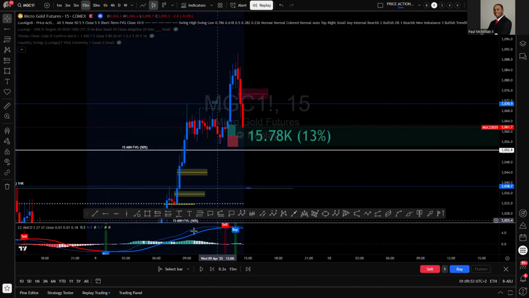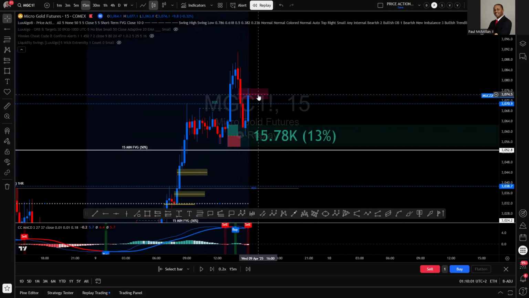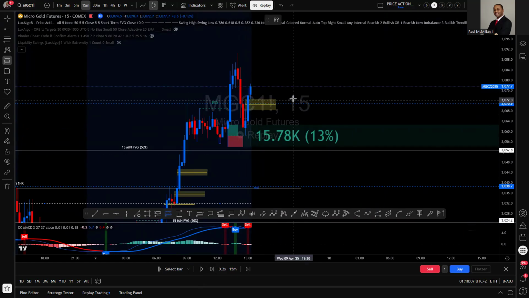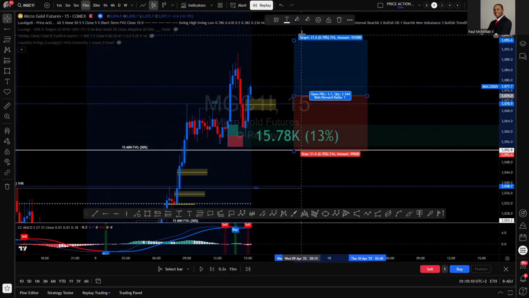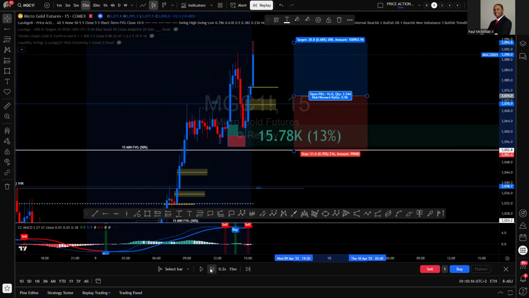And then the next candle rejected it. And then we will wait for a close with this. Then we will take this trade and ride up to here. Yep, that's good.